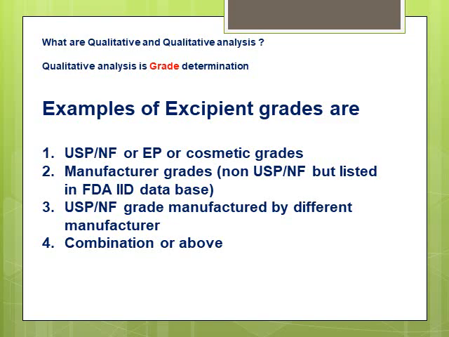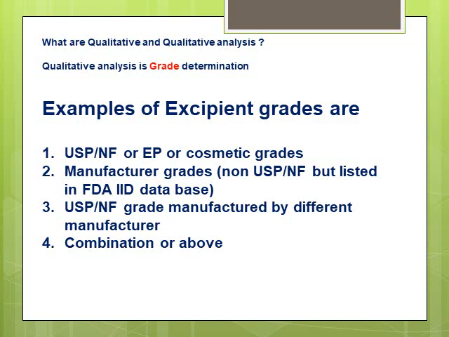The manufacturer of these excipients, if they are going to define them as, let's say, USP grade, has to test them against the USP monograph. And by meeting all the requirements of NF, they will say that their raw material is an NF grade. So this is one way.